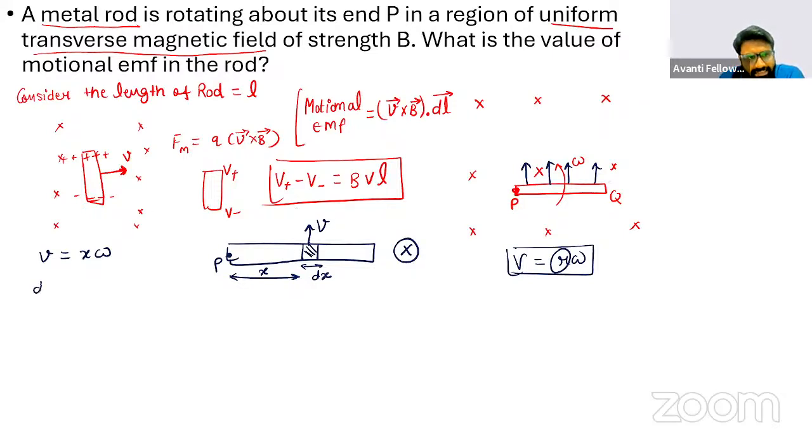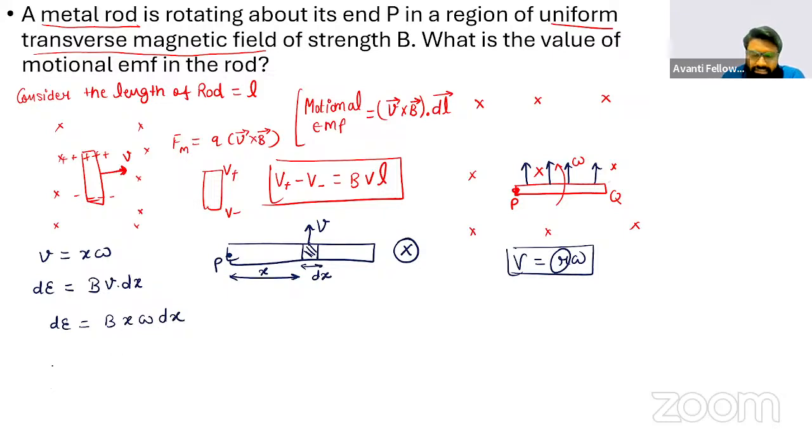So dE is equal to BVL. B is constant, V is the velocity, and L is nothing but dx, the length of the element we have considered. If you put the value of V here, it becomes dE equals B x omega dx.